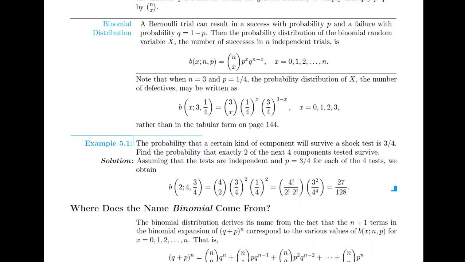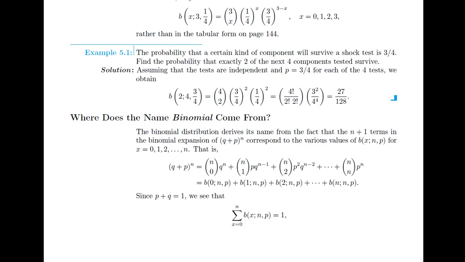Note that when n equals 3 and p equals 1/4, the probability distribution of X, the number of defectives, may be written as 3 combination x times (1/4)^x times (3/4)^(3-x), for x equal to 0, 1, 2, 3, rather than in the tabular form on page 144.